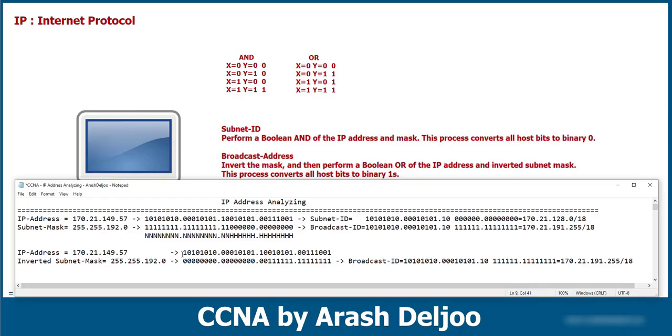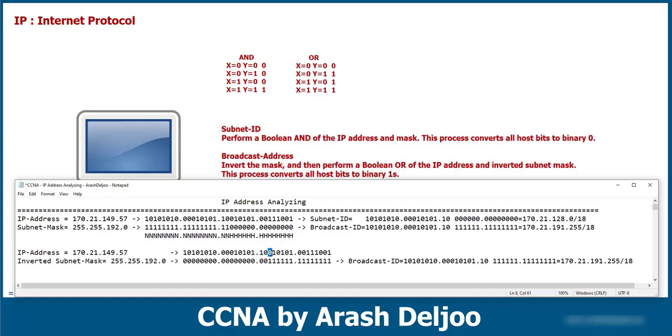Let me calculate them for you. 1 OR 0 equals 1, 0 OR 0 equals 0, 1 OR 0 equals 1. This means that all of these parts are repeating until we reach the 1 in the subnet mask. When in the subnet mask we have 1, it means one of these values is 1.